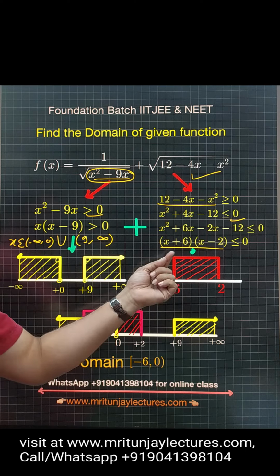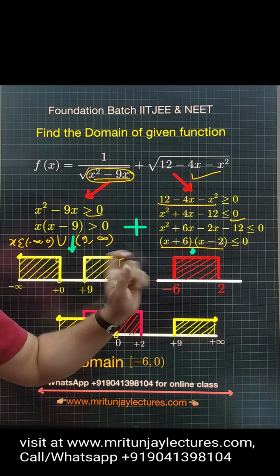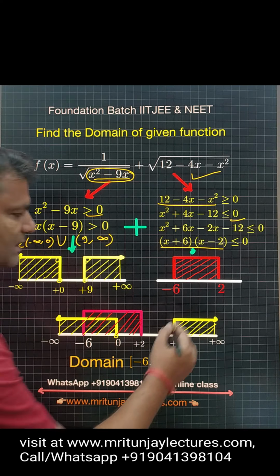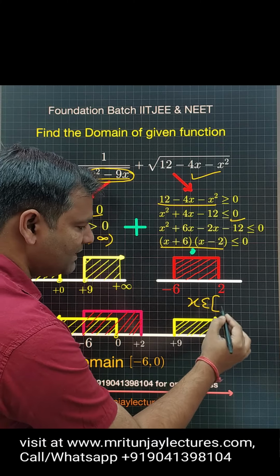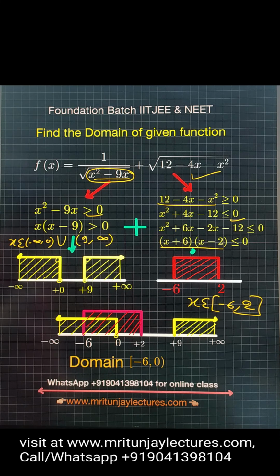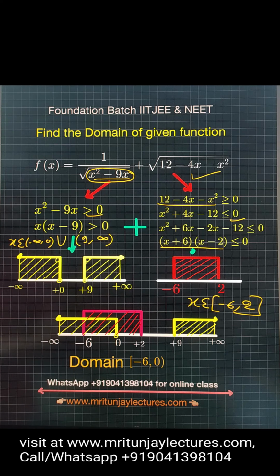Now, if you see very carefully, the domain of that function is simply minus 6 to 2, basically minus 6 to closed interval 2. Okay, clear? So the domain of that function is like that.